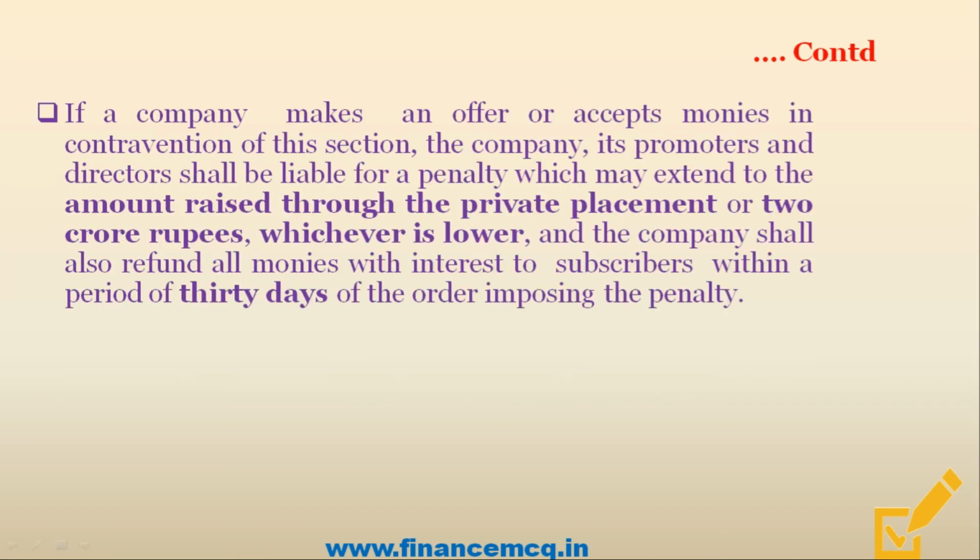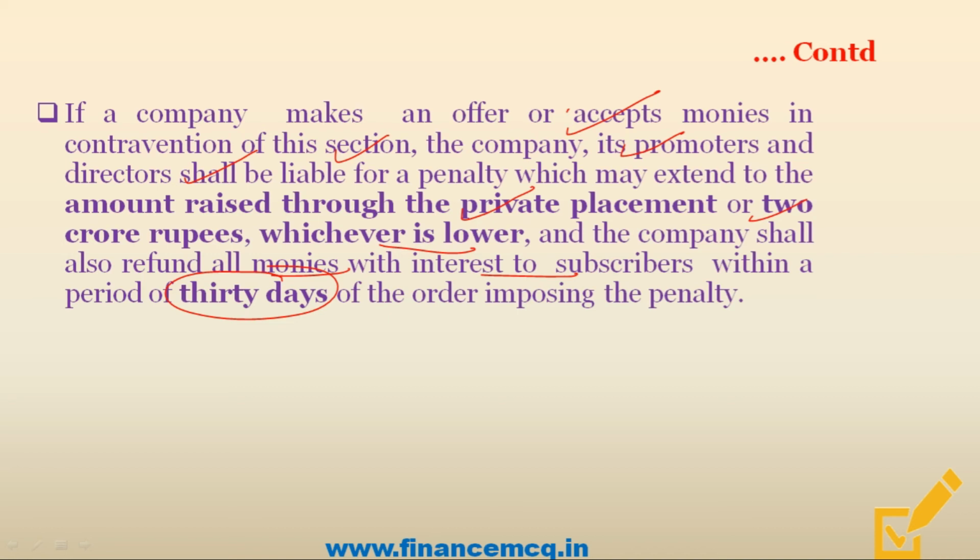And friends, if the company makes an offer or accepts monies in contravention of this section, the company, its promoters and directors shall be liable for a penalty which may extend to the amount raised through the private placement or 2 crore rupees, whichever is lower. So friends, the company will also have to refund all the monies and interest to the subscribers within a period of 30 days of the order of imposing the penalty.